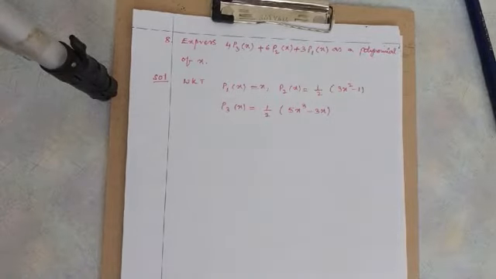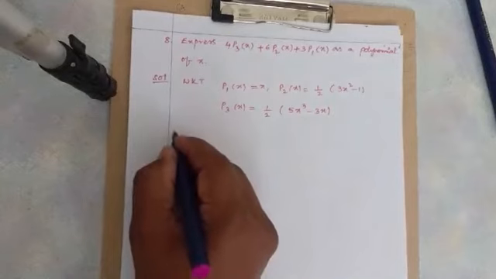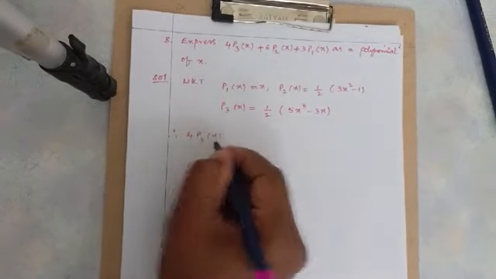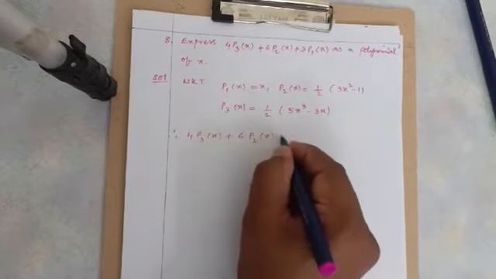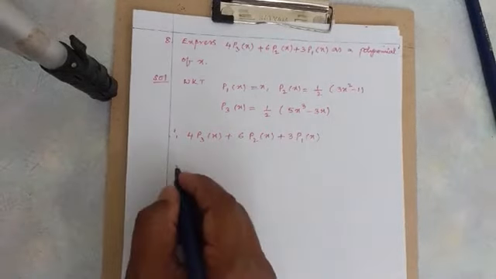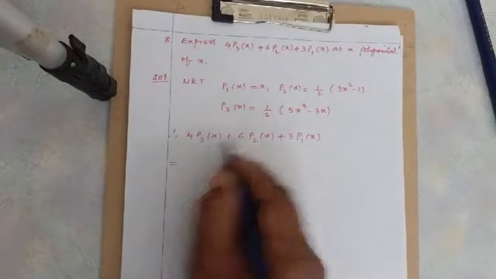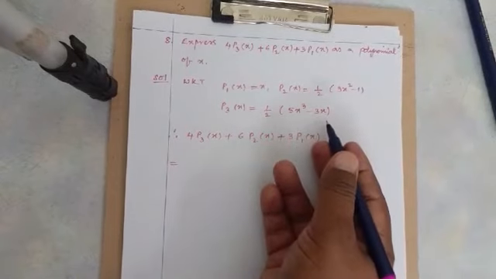Okay, so this is the Legendre polynomials that is required to substitute in the given problem. Now after getting this, we will directly substitute. Therefore 4P3(x) + 6P2(x) + 3P1(x) is equal to, in the place of P3 I can write 1/2 into (5x^3 - 3x).